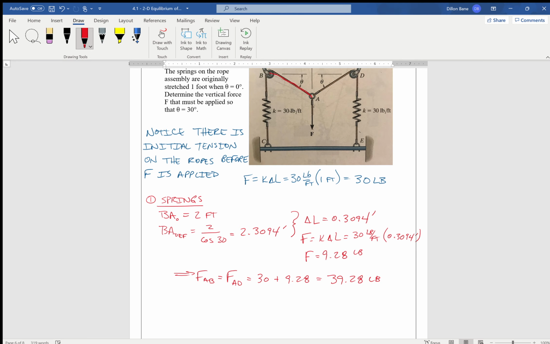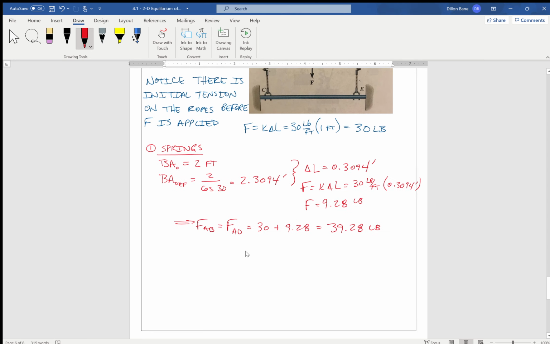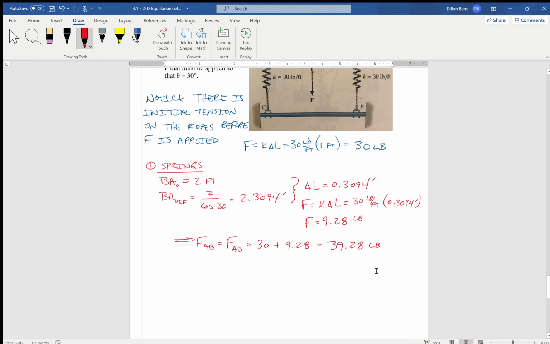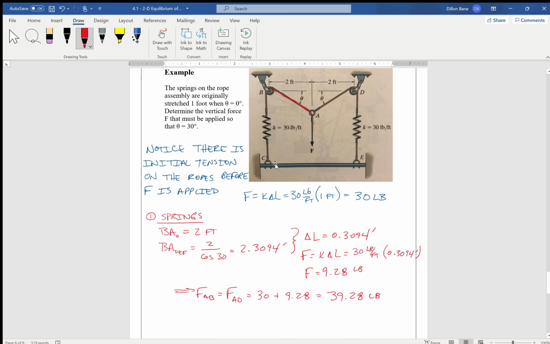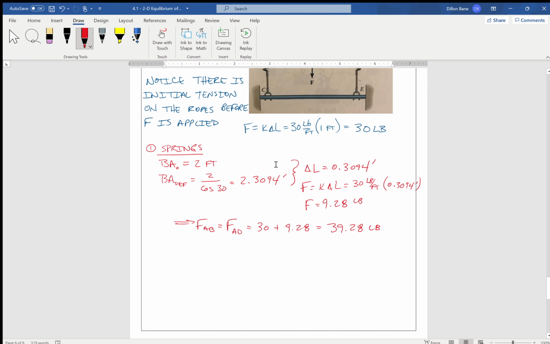Okay. So we just solved what the forces are inside the ropes and the springs. And now we just need to apply our free body diagram and our equations of equilibrium.